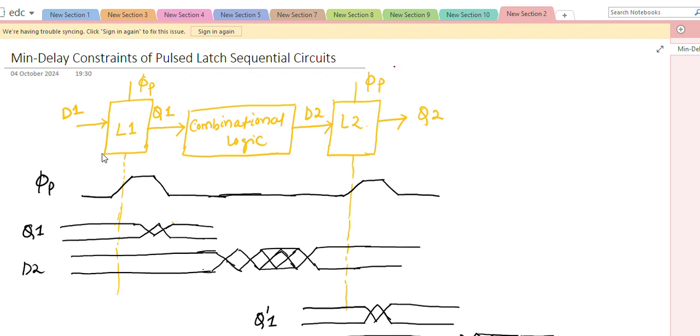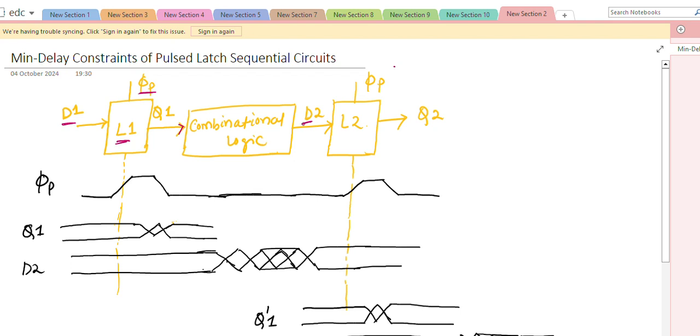As you can see here, this is a block diagram of pulsed latch sequential circuits. One latch L1 is given, for which the input D1 is given, and the clock signal is the pulsed clock signal φP. The output of latch L1 is Q1, which is given to the combinational logic, and we get output D2.